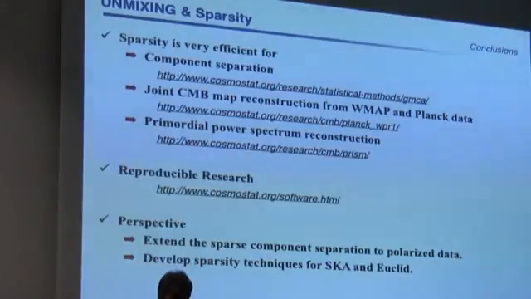Sparsity also has a bridge with machine learning, and I expect to see this bridge becoming stronger and stronger. Sparsity also has the compressed sensing theorem. I didn't speak about compressed sensing here, but there are also many things you can do with this new theorem.